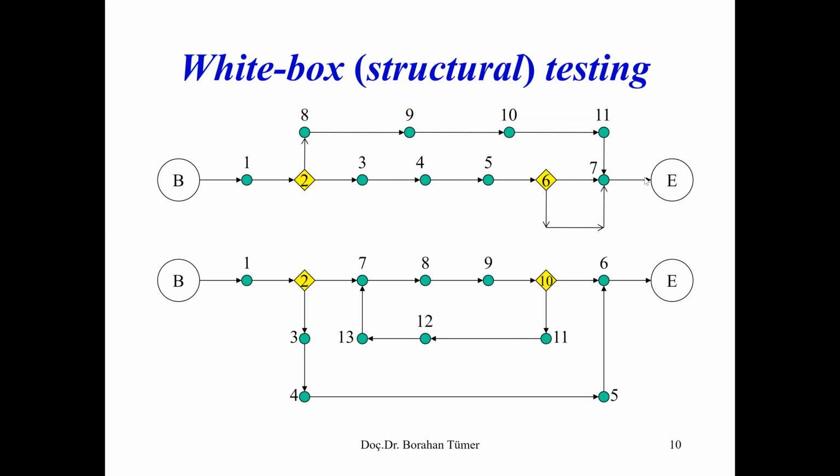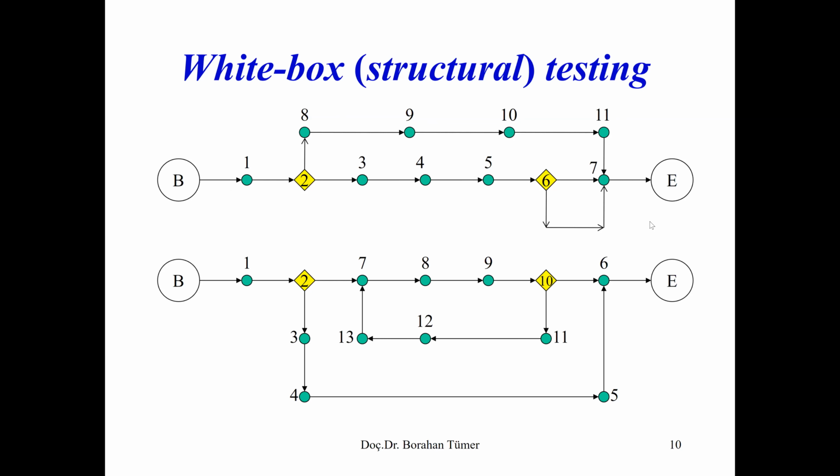This is important now. And this second path covers all these statements above, that is 8, 9, 10, and 11. These statements are also covered in the second execution path here. So using these two paths, this one and this one, we have a full statement coverage. Do you agree with that?